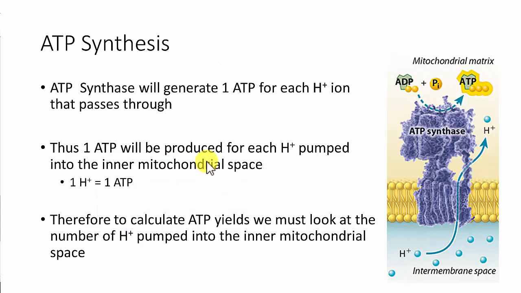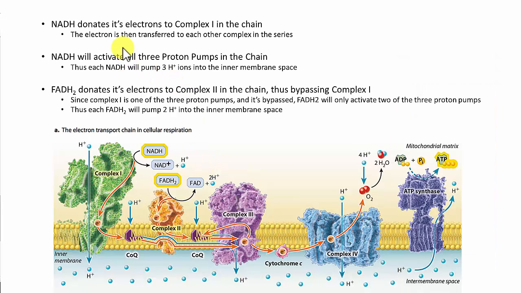So every NADH generated throughout cellular respiration will be responsible for generating 3 ATP. The FADH that we generate will only be responsible for generating 2 ATP, since they only pump 2 hydrogens per molecule, because they bypass the first complex.